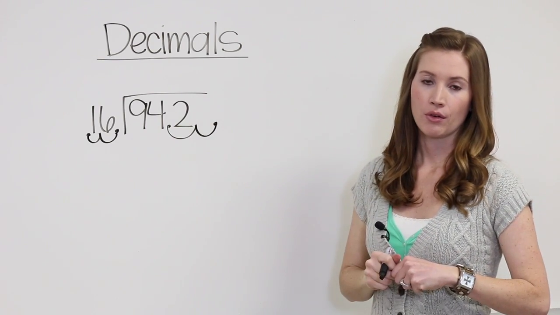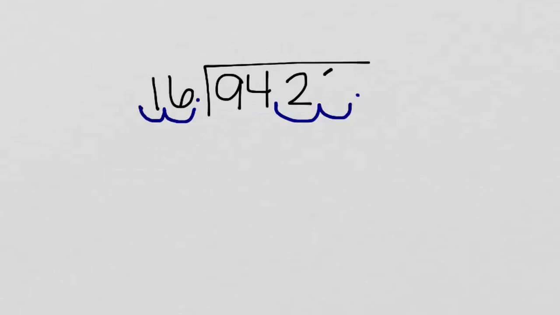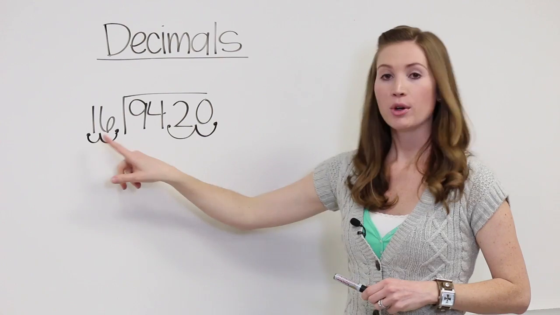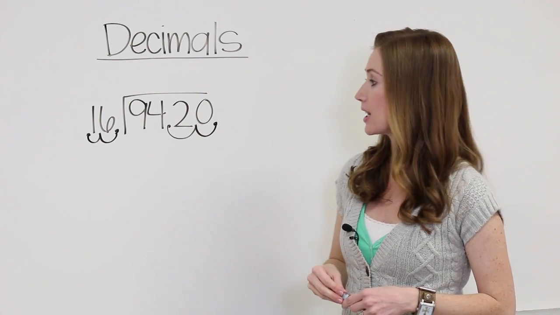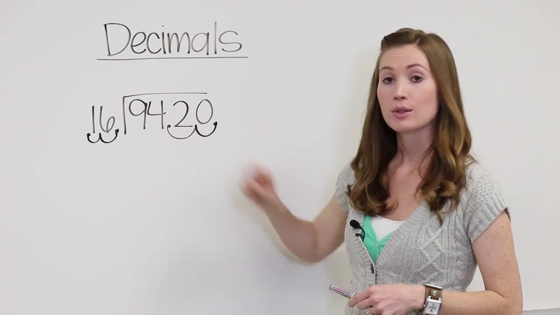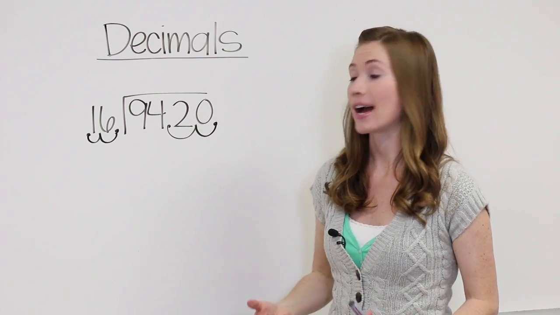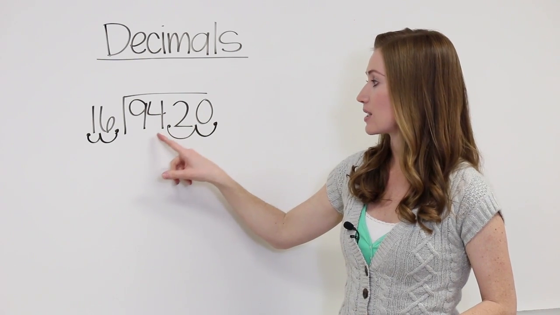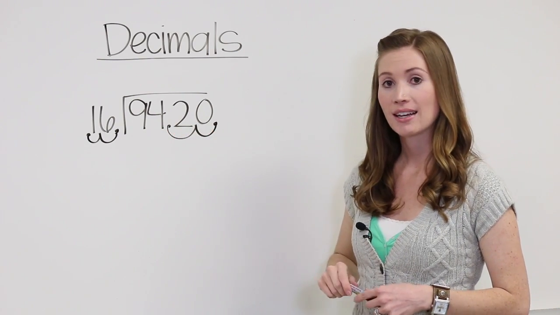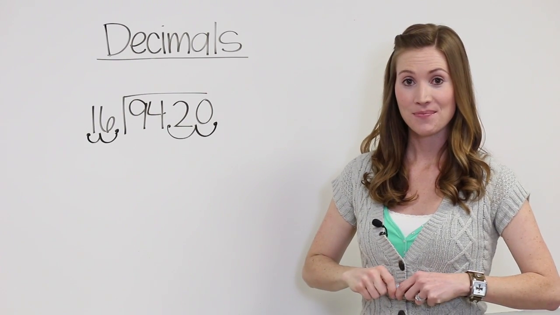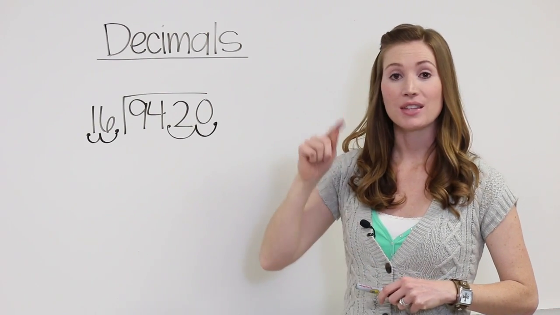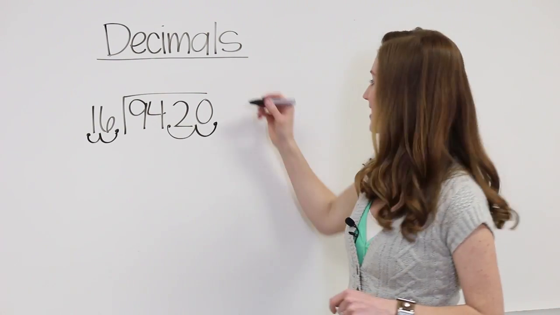What should I do? We're going to add a 0. When we move the decimal point twice, that's like multiplying our number by 100. If we had 94 and 2/10 and we multiplied it by 100, we would have 9,420. So the 0, it's okay. Now what's our next step? If you said move the decimal point up, that's correct.